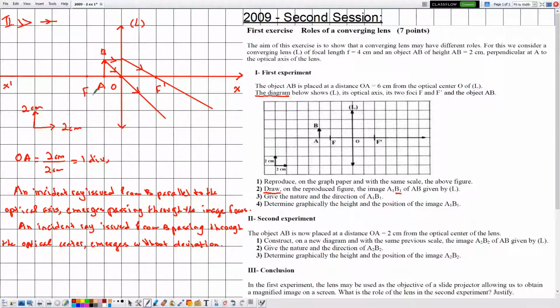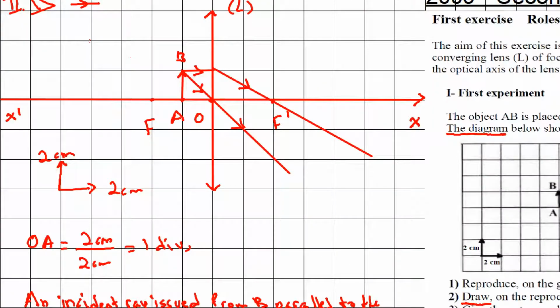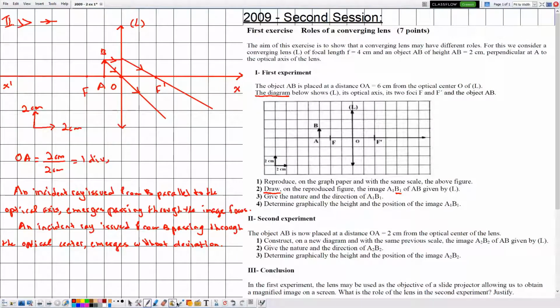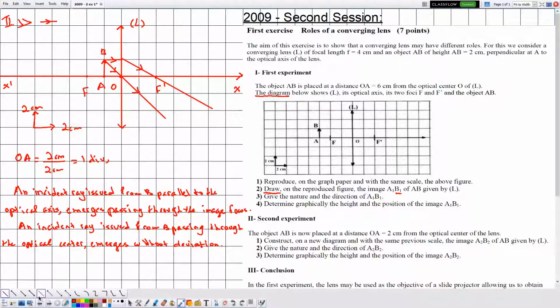So always the intersection of the emergent rays is the image of the object. Notice that these two emergent rays don't intersect behind the lens. Therefore, we need to prolongate them backward in order for them to intersect, because we require the emergent rays to intersect. So let's prolongate them backward.